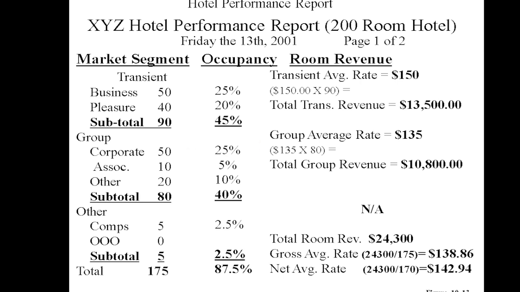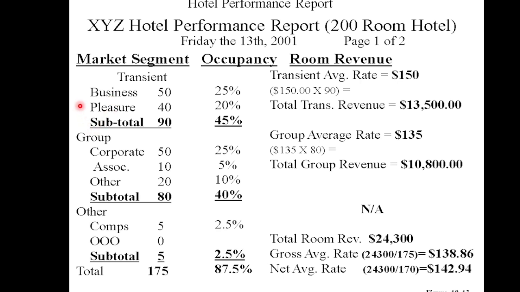So as you can see, you have the market segment here, occupancy and the room revenue. We'll start with the transient guest. Transient guests are individual travelers who are not part of a group. Okay, individual travelers, standalone.